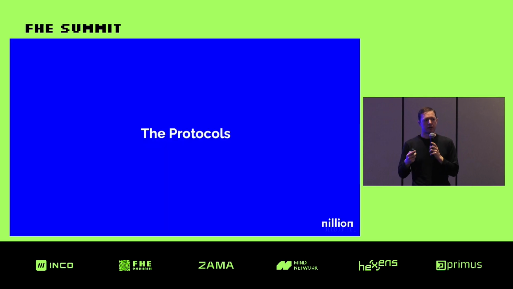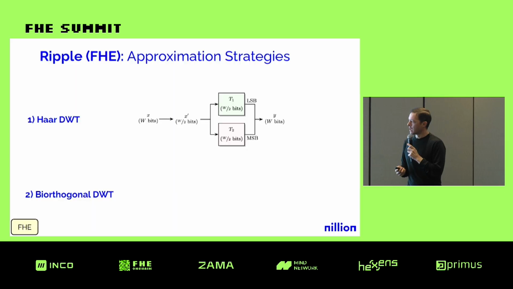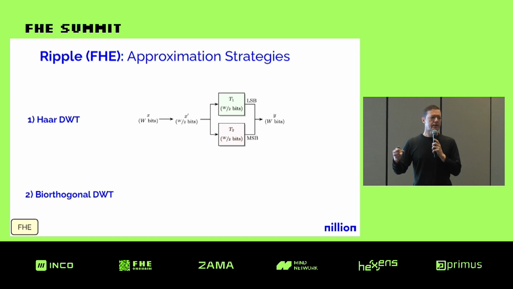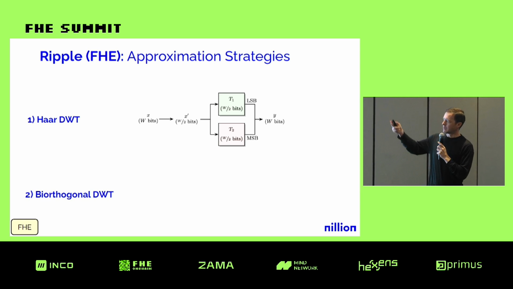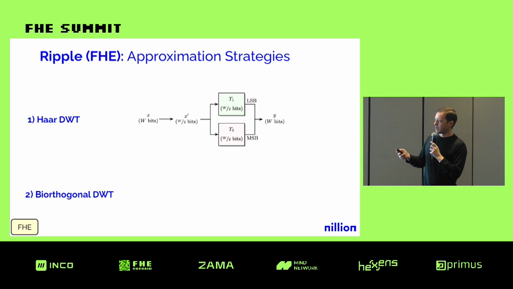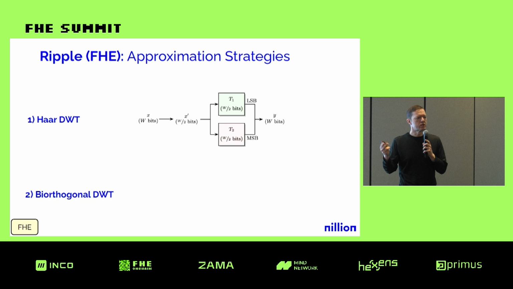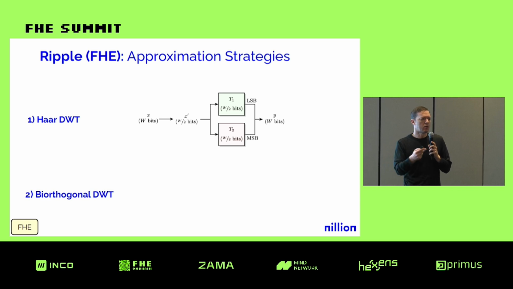Now, these are techniques from signal processing, and they're plaintext. They have nothing to do with cryptography, right? So what we did is to port those techniques into cryptography, both TFHE and MPC. The protocols, I'm not going to get into the details, but superficially, in the case of FHE, for these two flavors, Haar and biorthogonal, what you end up doing is evaluating smaller lookup tables and then combining the results.